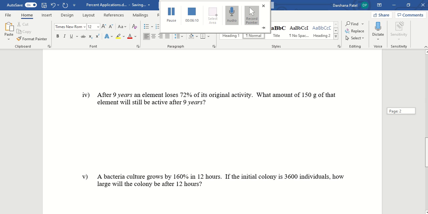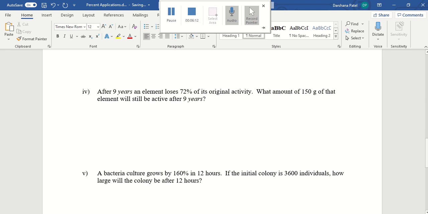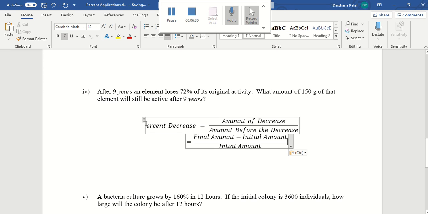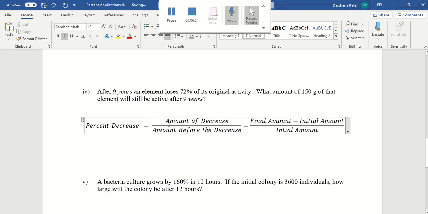Let's see another example. After 9 years, an element loses 72% of its original activity. What amount of 150 gram of that element will remain after 9 years? So now it's decreased. We are given the percent decrease and we are given the original or initial amount, and we are looking for the final amount. So percent decrease equals amount of decrease.